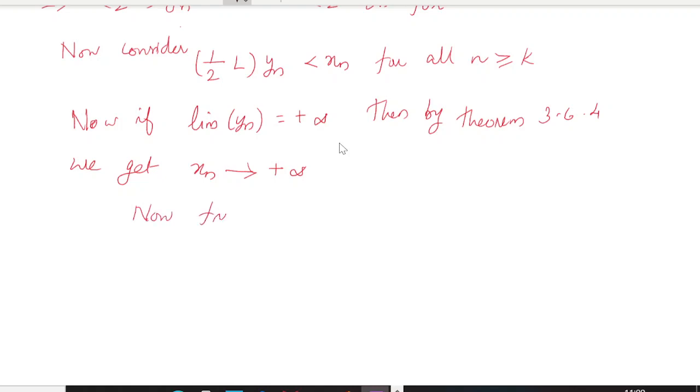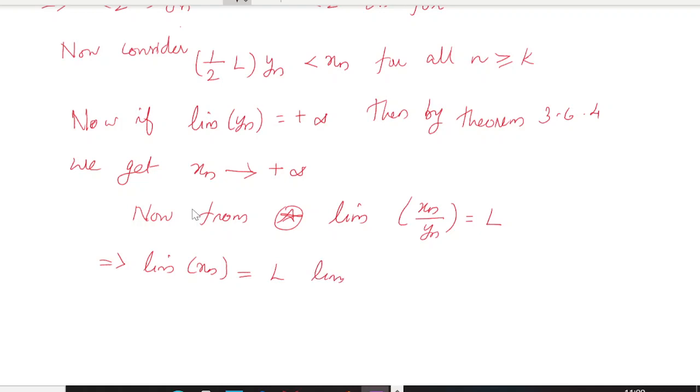Now from star, we want to assume that xn tends to positive infinity. Star says limit of xn by yn is equal to L, which implies limit of xn equals L into limit of yn. It is given that L is not equal to 0 and L is not equal to infinity.